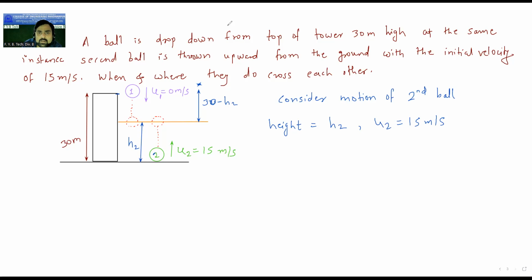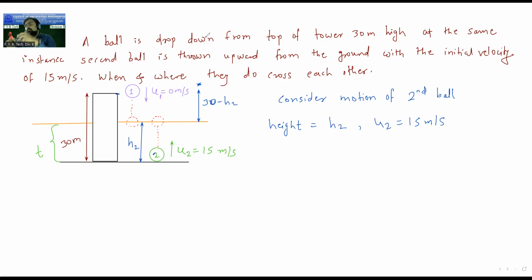So if I continue this same line here, in this way, let us say that the time required by this second ball to reach this point is t2. Instead of t2, suppose first of all we will call this as t.